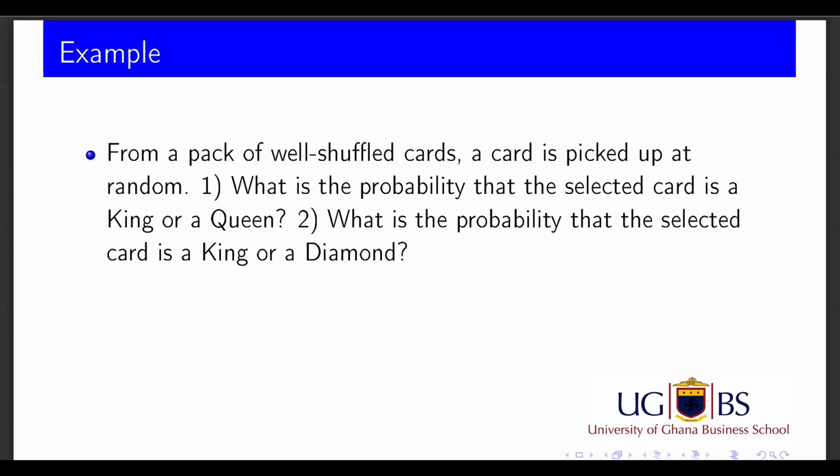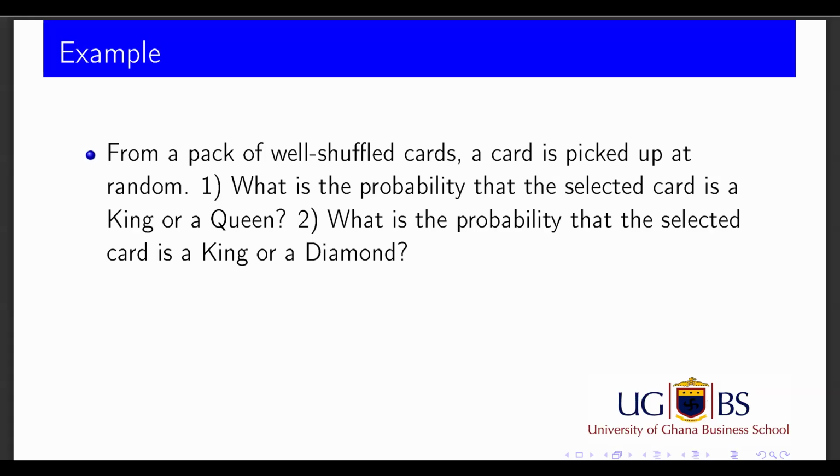Yes, Eugene. Doc, please, I want to give it a try. The probability of a card being a queen or a king: the probability of a queen is 4 out of 52 cards, and that of the king is 4 out of 52.